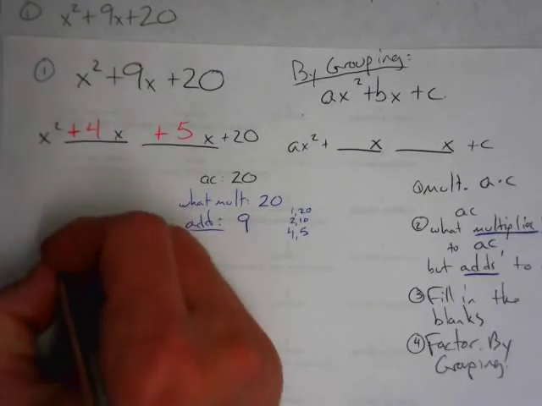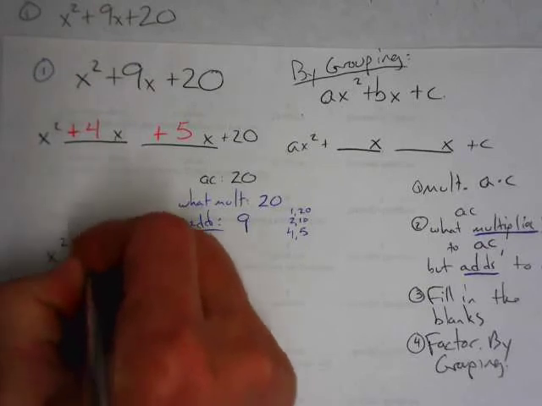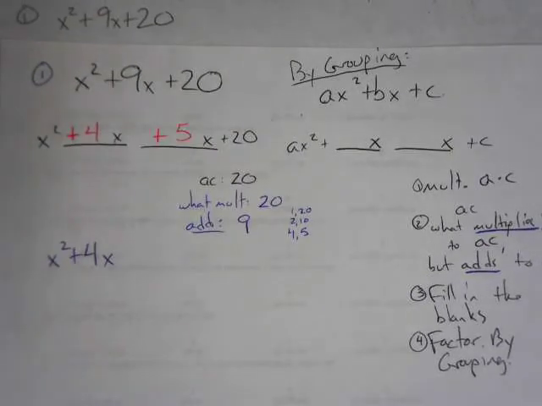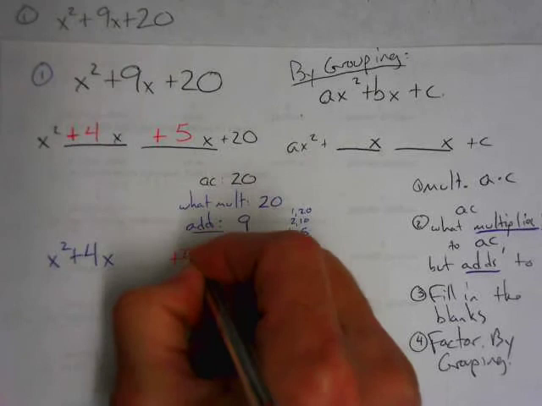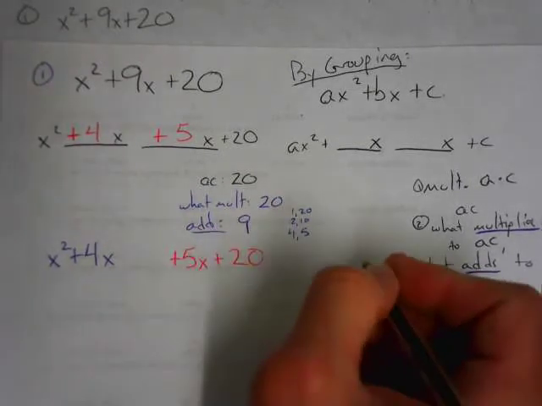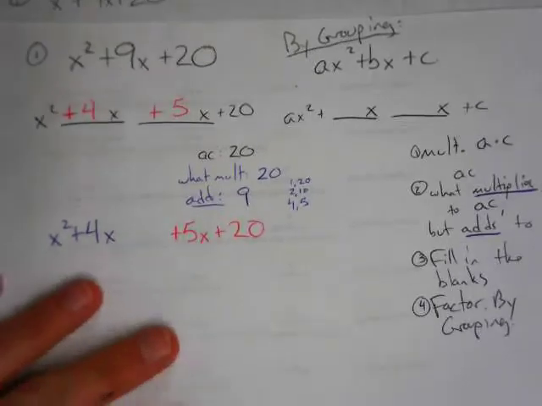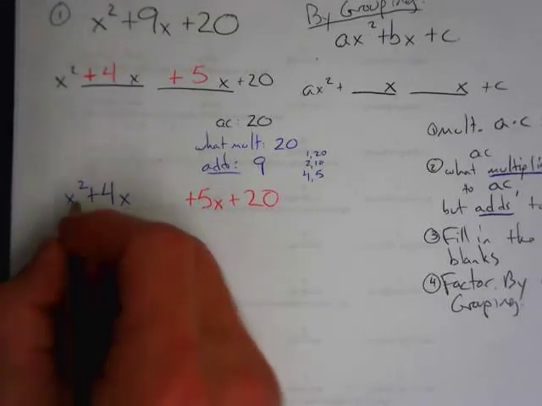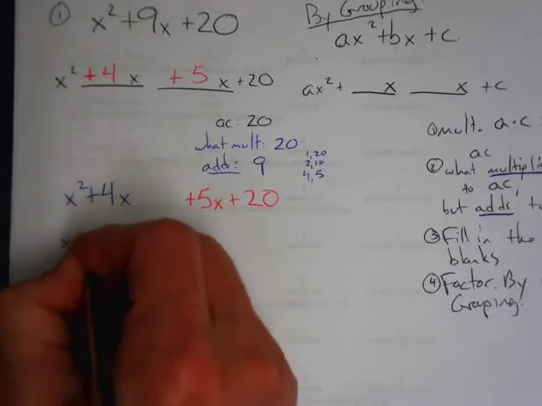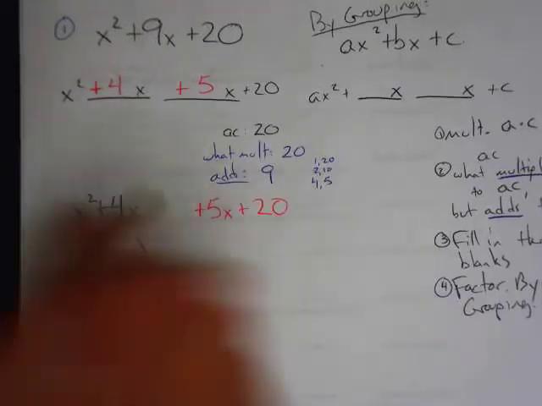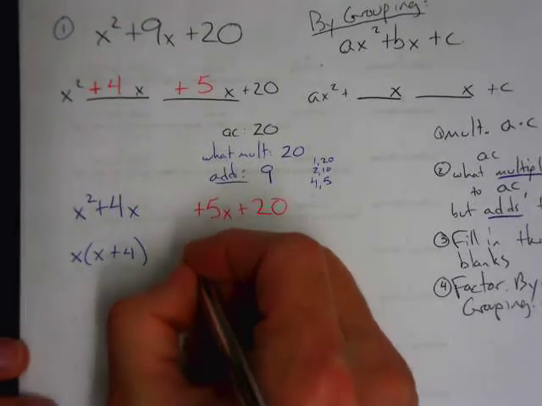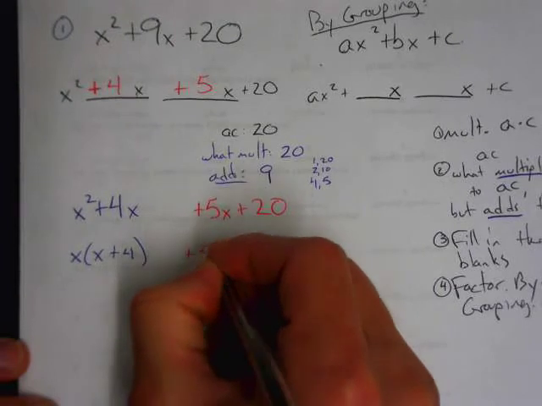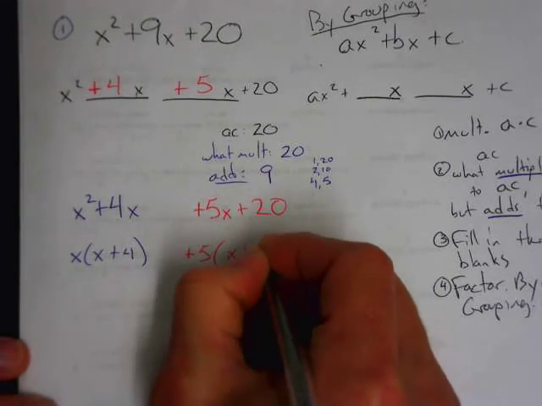We take the first two terms, x squared plus 4x, and the second two terms, plus 5x plus 20. This is where the previous lesson comes into play. If you remember how we factor by grouping, I hope you do, the greatest common factor of the first group is x, and so we're left with x plus 4. The greatest common factor in the second group is plus 5, and that will leave us also with an x plus 4.